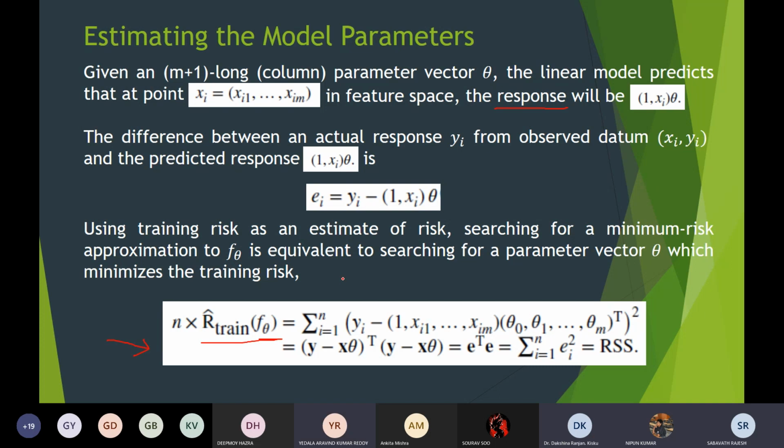Initially, for every data point we find the deviation and take the square, then we take the sum of all these squared deviations over all data points. This is defined as the training risk, which will minimize the error in the regression model.